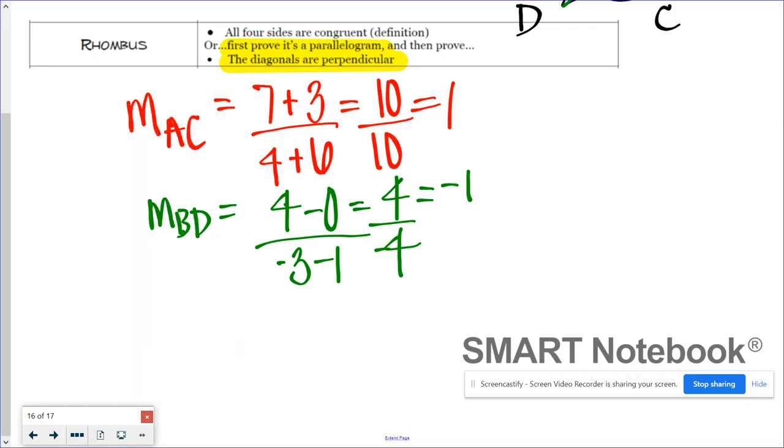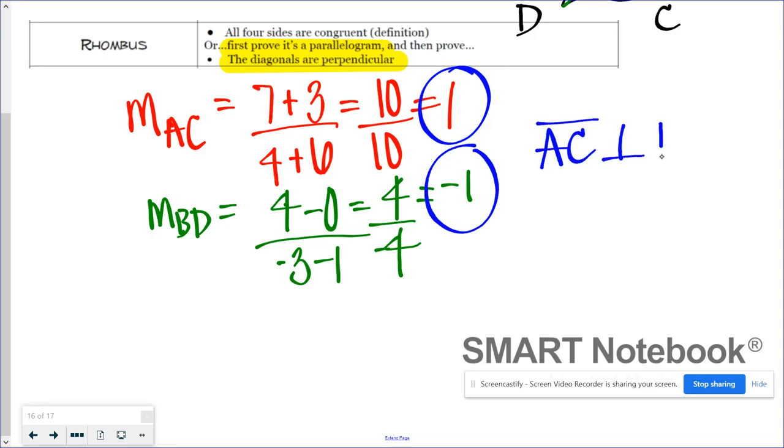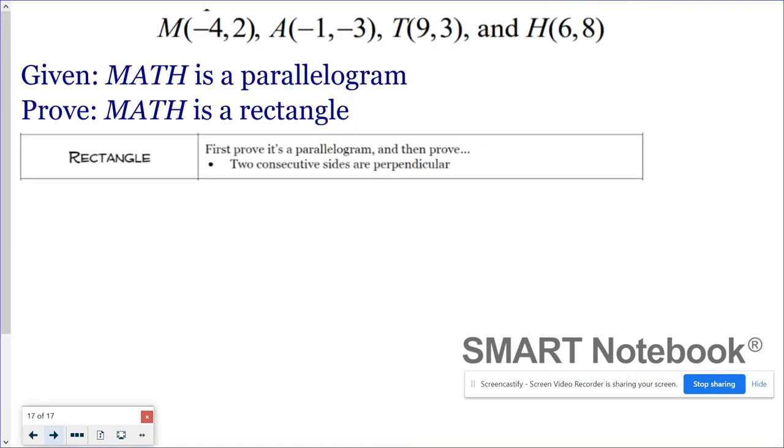And what do you know? 1 and -1 are opposite reciprocals, which means AC is perpendicular to BD, and if the diagonals are perpendicular, it's a rhombus. So they told us it was a parallelogram, and we used the slopes of the diagonals to prove it was a rhombus. So let's take a look at a similar exercise, but this time let's prove rectangle.